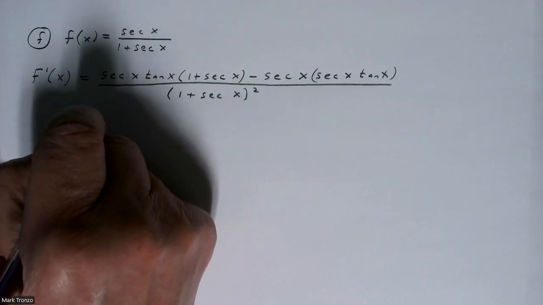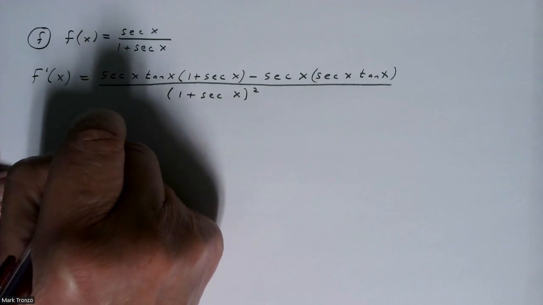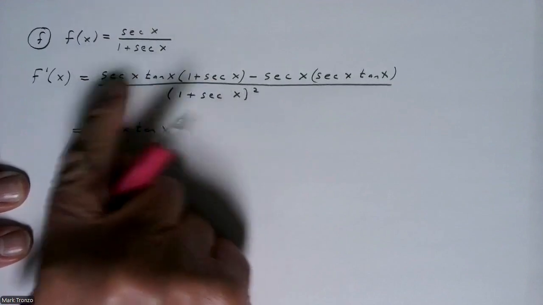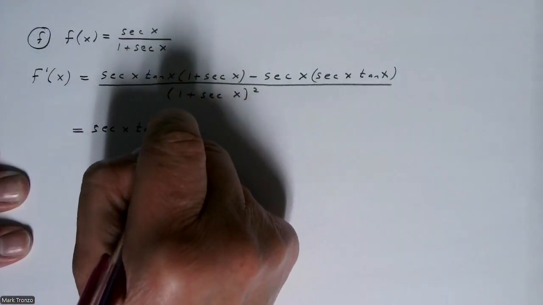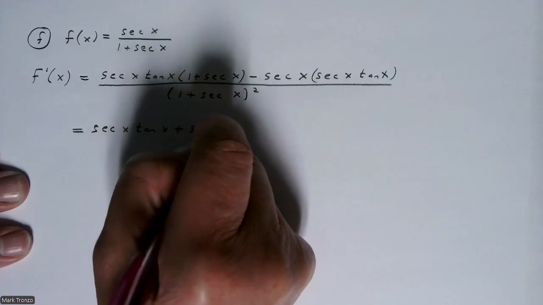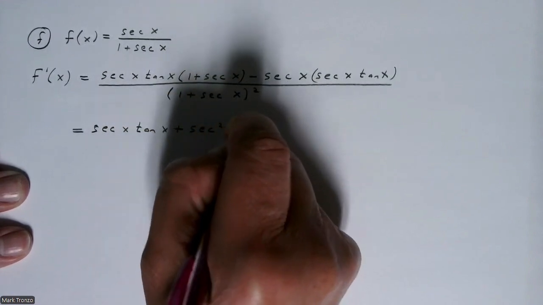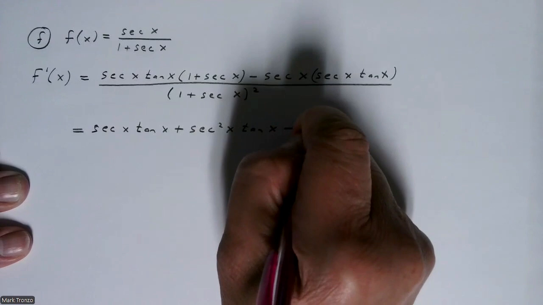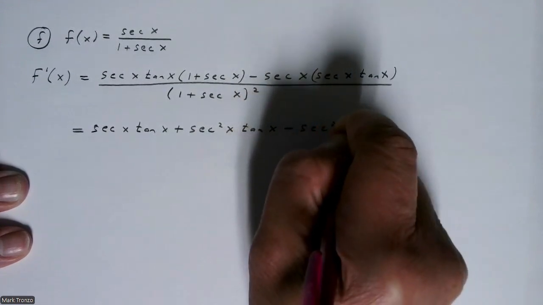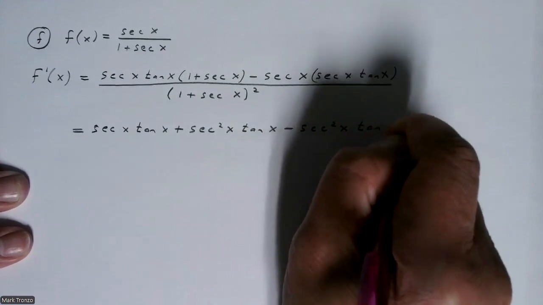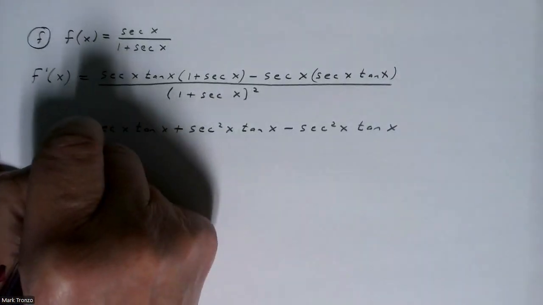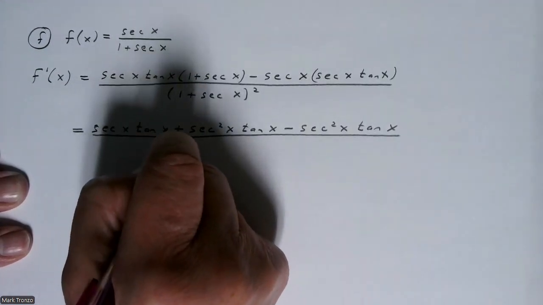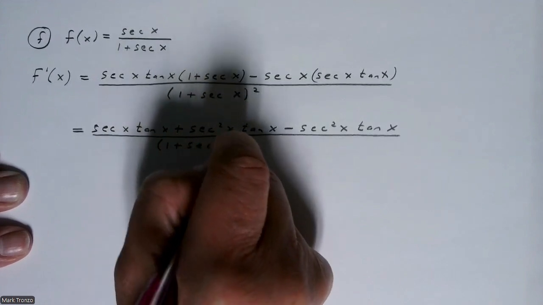This is going to be sec x tangent x, multiply this, plus secant squared x tangent x, multiply this in, minus secant squared x tangent x, divided by 1 plus secant x squared.